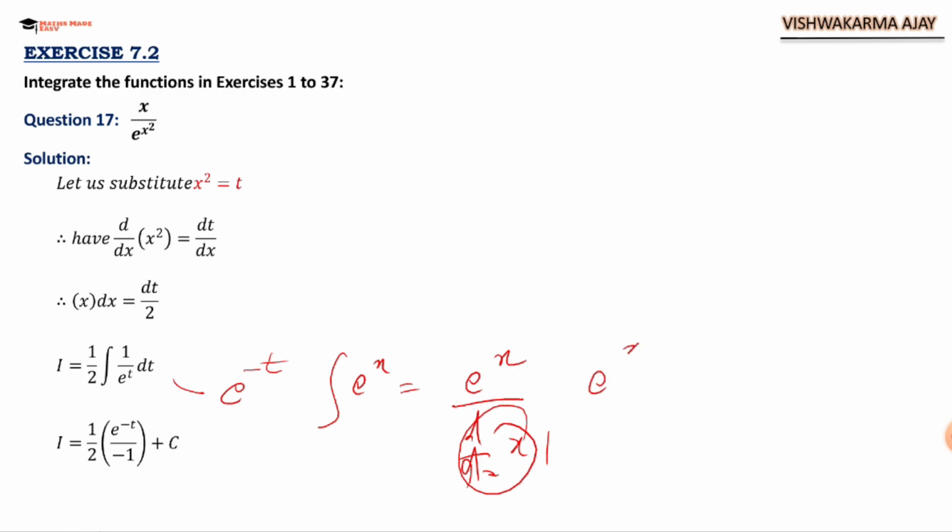So basically e raised to x upon 1. In here, e raised to minus t upon d upon dt of minus t. This is minus 1 here.